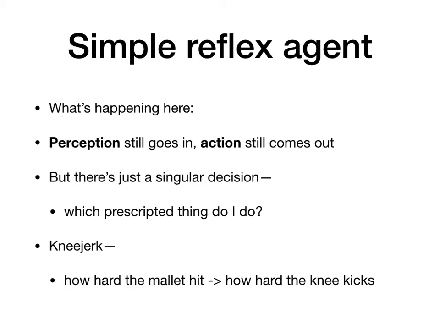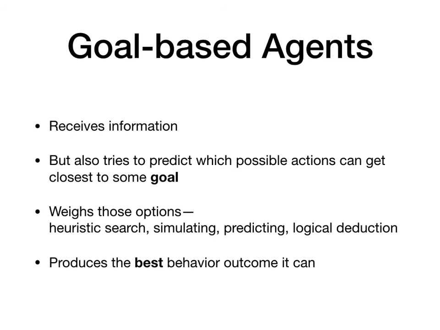So, okay. Now let's talk about an agent that is capable of maintaining goals in mind, not just having simple reflexes, but guiding its behavior by some internal information. So, goal-based agents. They receive information. They try to predict which possible actions can get them closest to some goal, and they will weigh those options.